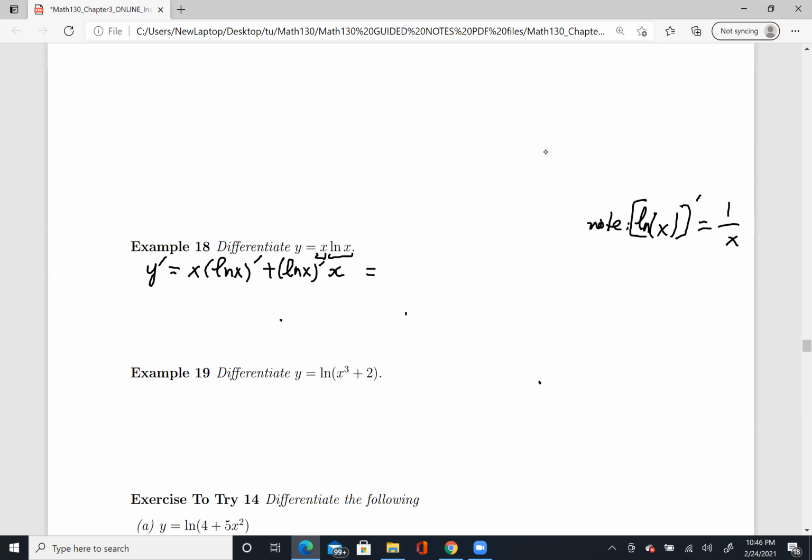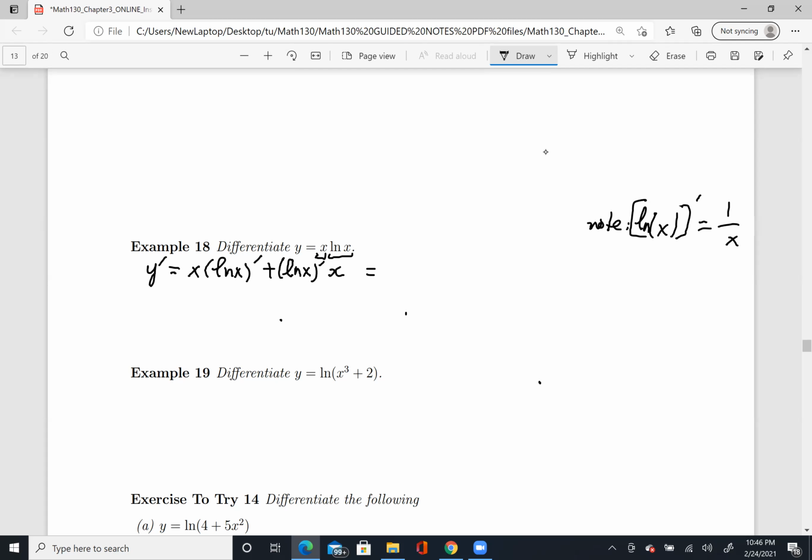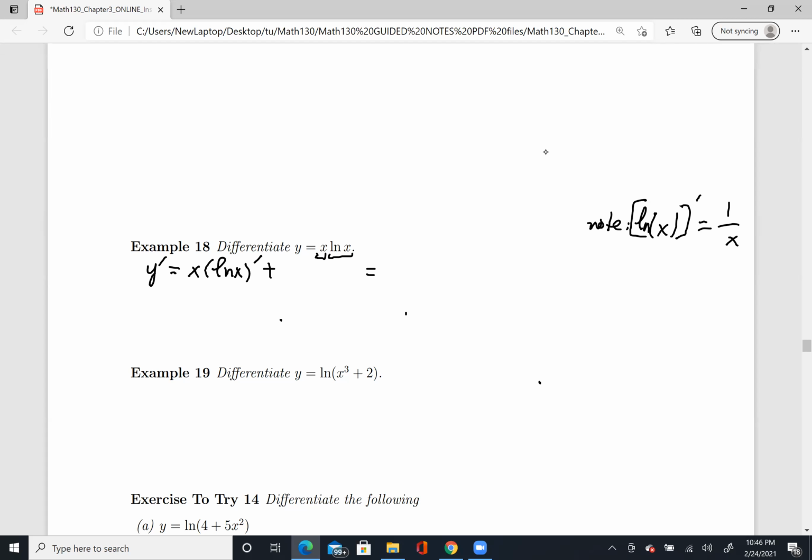Oh, wait a second. I made a small mistake over here. So I should have x times the derivative of ln x, plus the derivative of x times ln x. Now I'm gonna have x times 1 over x plus the derivative of x, which is 1, times ln of x.